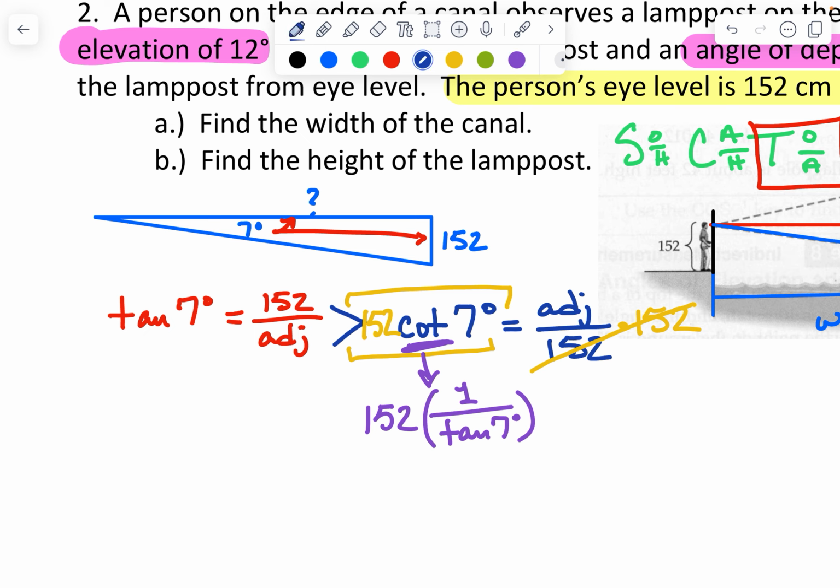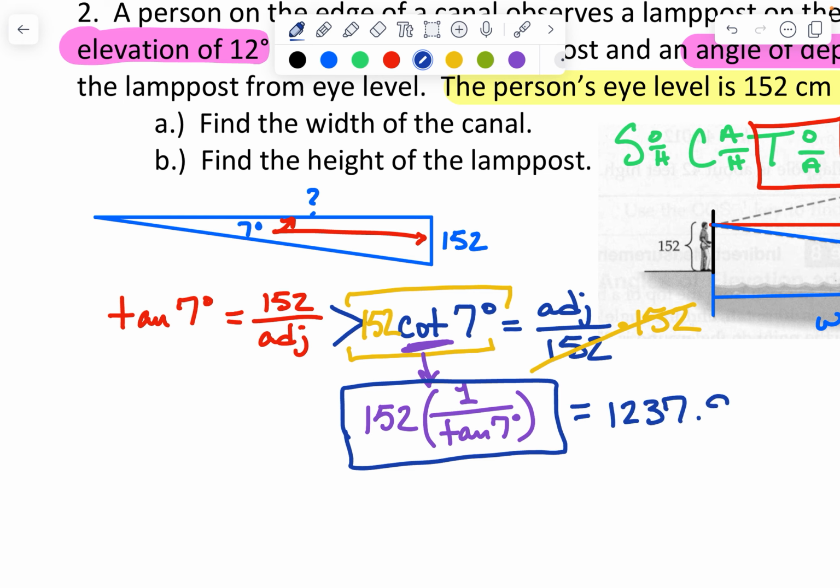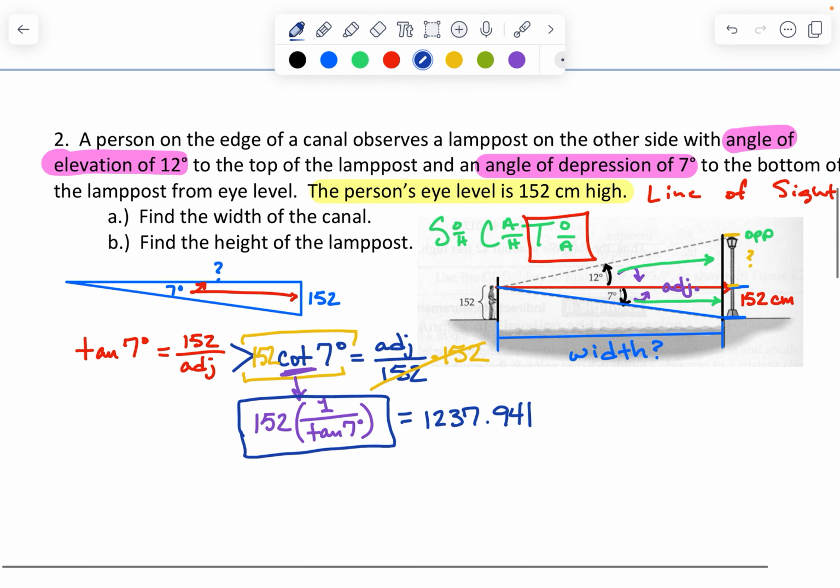And so you can type this directly into your calculator, and you will get that the adjacent side in this image is 1,237.941 centimeters.